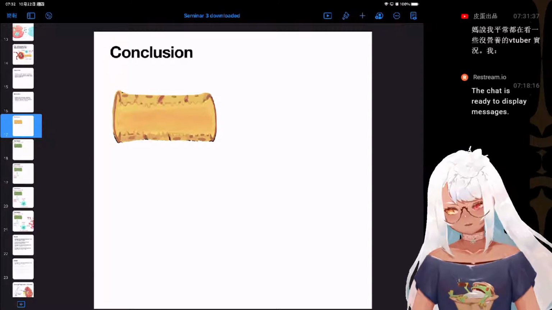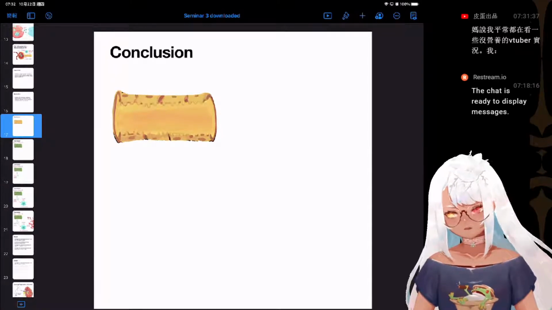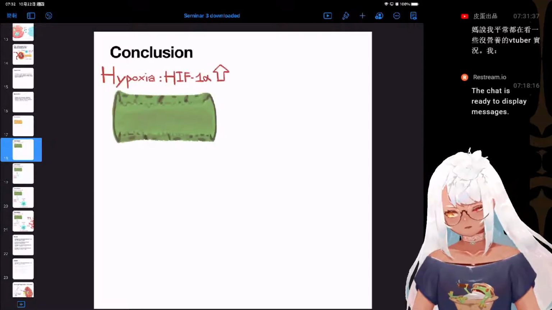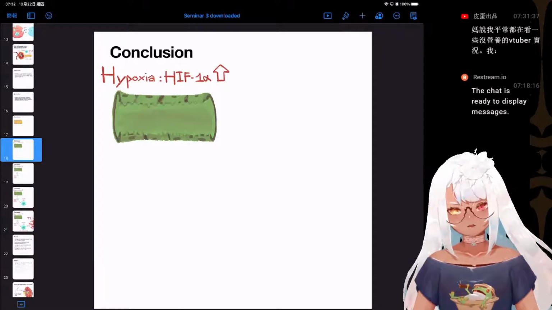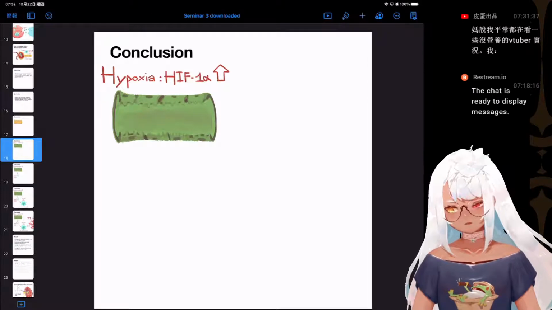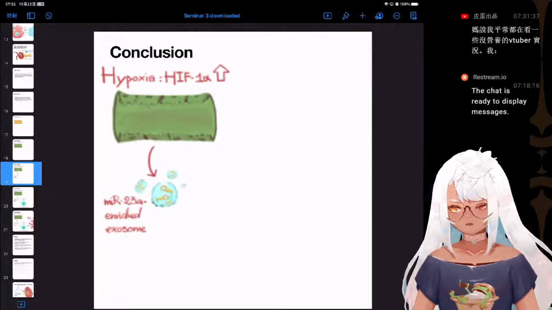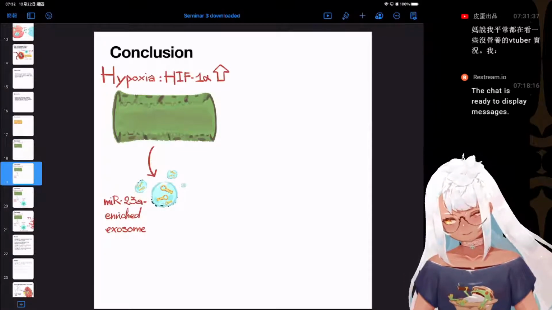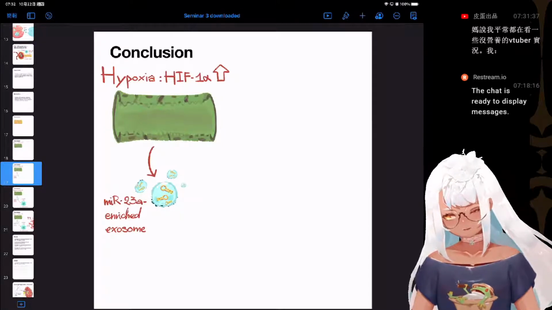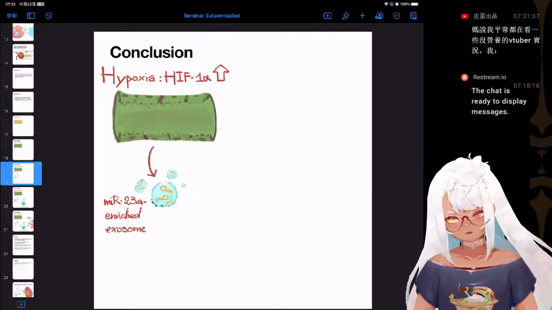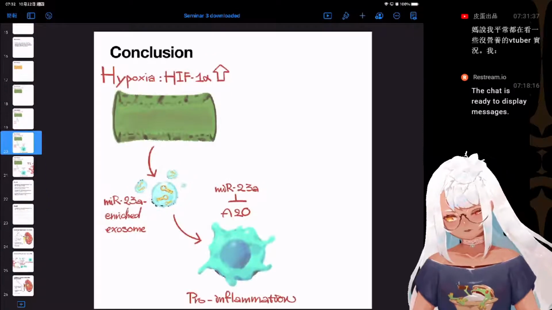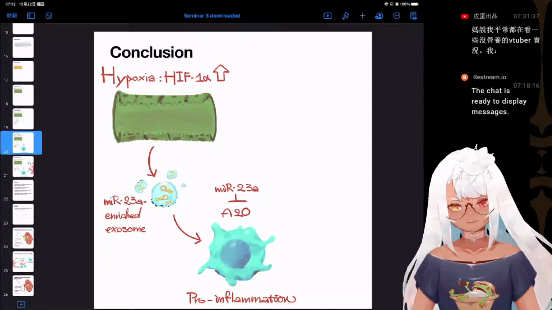Okay, so first of all, here is a healthy TEC. Under hypoxia, HIF1 alpha expression will increase in the TEC, and the result is that TEC will respond by releasing miR-23a enriched exosomes. These exosomes are received by macrophages.